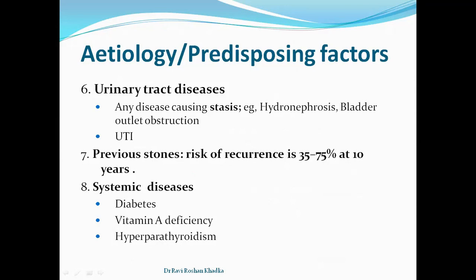So whenever there is excess secretion of parathyroid hormone by the parathyroid gland, maybe due to adenoma, it leads to excessive calcium formation as well as excretion into the urine, causing hypercalciuria. It also causes increased excretion of phosphate in the urine, leading to calcium phosphate stones more commonly in the urine.